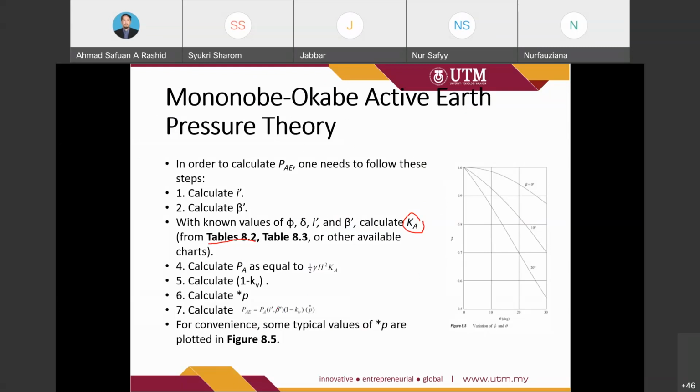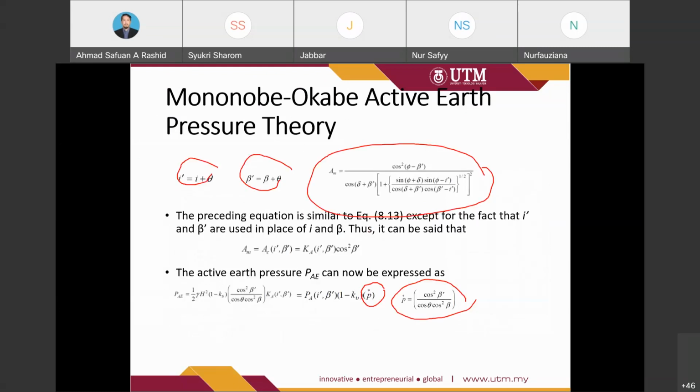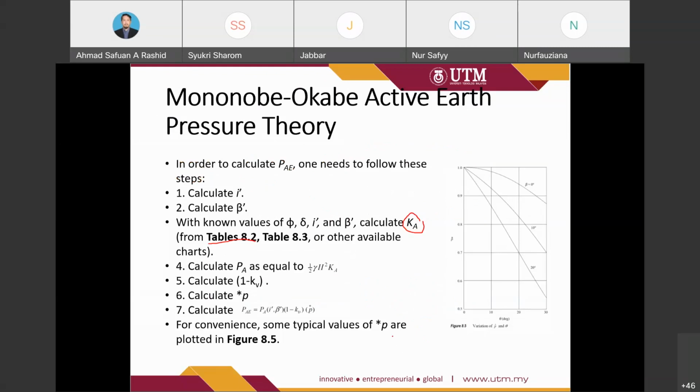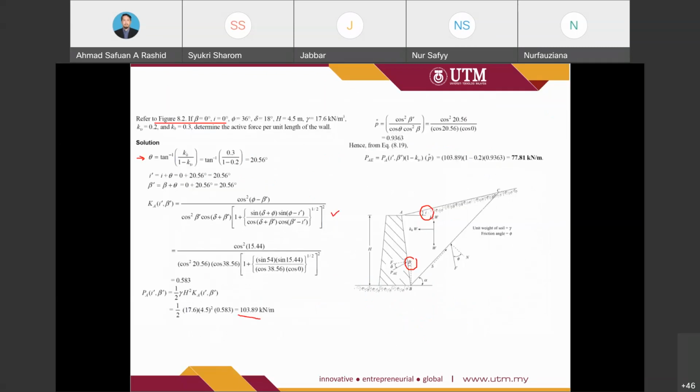The asterisk P formula is here: cos square beta prime over cos theta cos square beta. Or we can use this figure to determine the asterisk P. By using the formula, the asterisk P is equal to 0.9363.